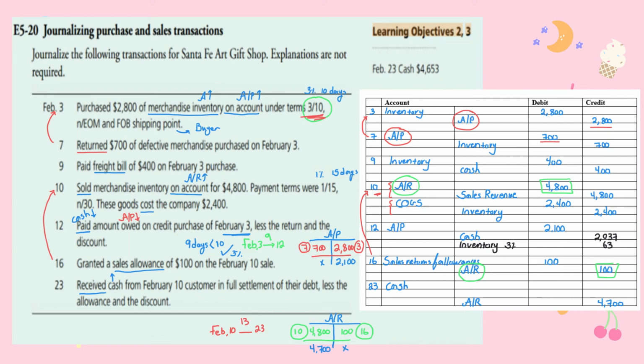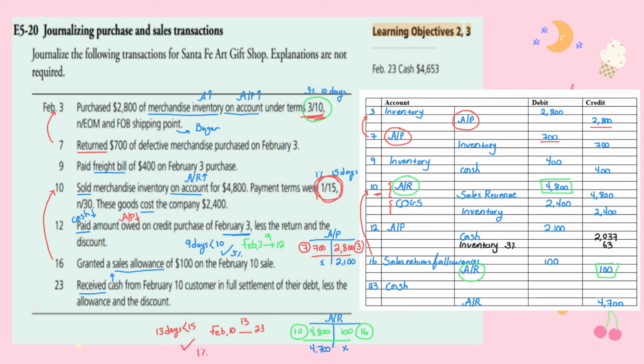Now let's go and check the credit terms on February 10th. Can you see here? He's gonna get 1% discount if he paid within 15 days. He paid within 13 days. So 13 days, it's within the discount period, within 15. So he's gonna get a discount of 1% according to the credit terms mentioned on February 10th.